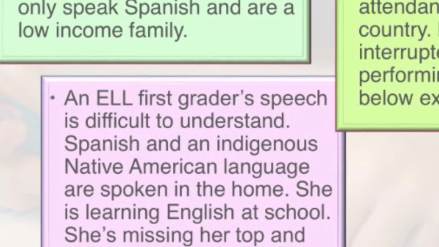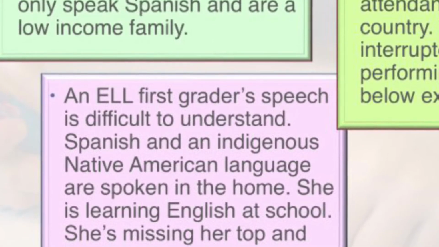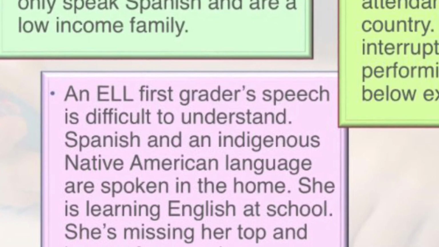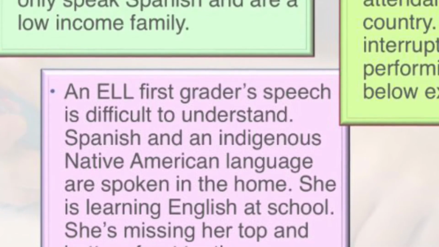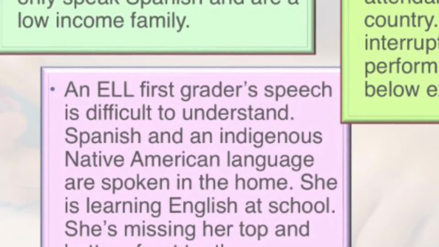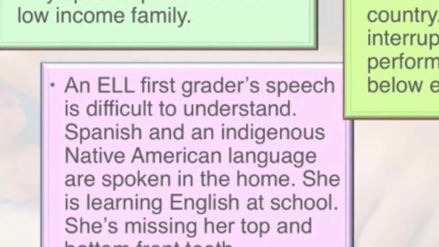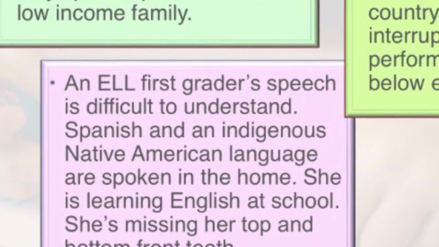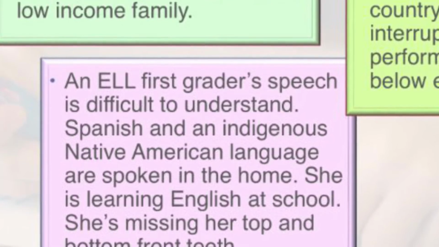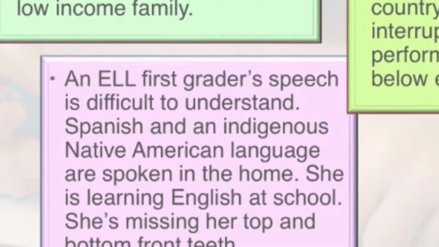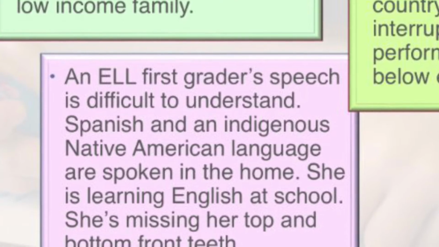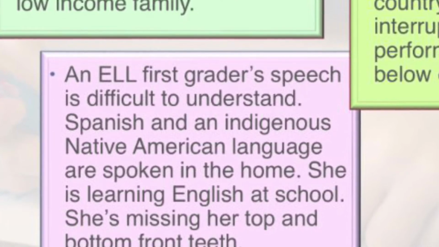Here's the next scenario. An ELL first grader's speech is difficult to understand. Spanish and an indigenous Native American language are spoken in the home. She's learning English at school. She's missing her top and bottom front teeth. The teachers are complaining. She's very difficult to understand. So what do we have to do?